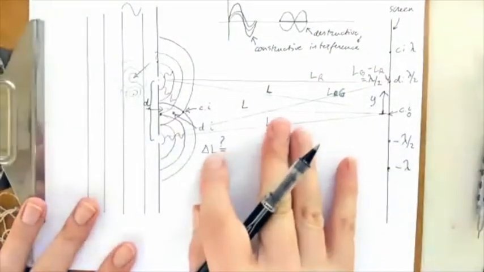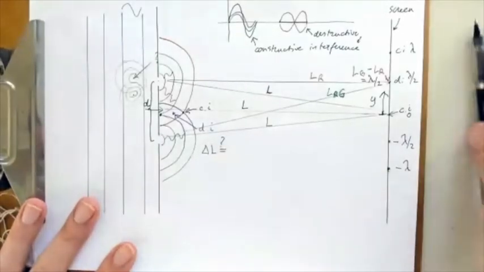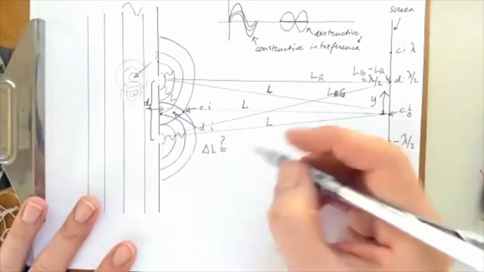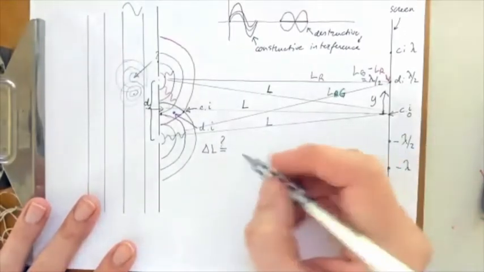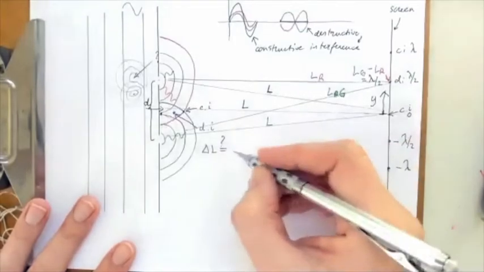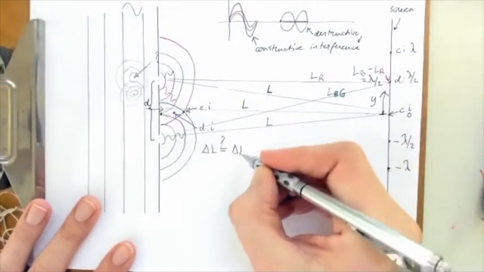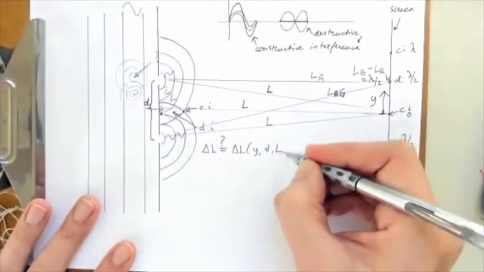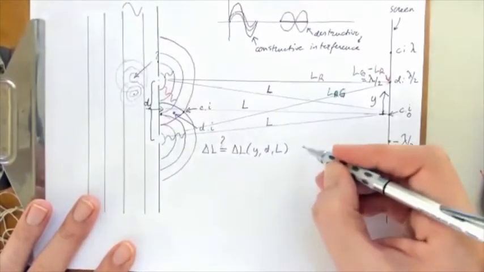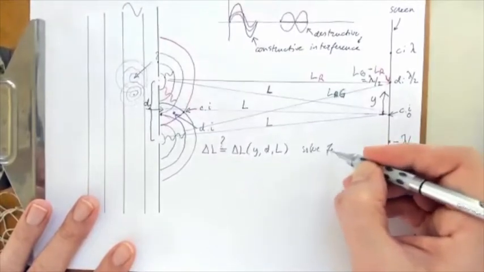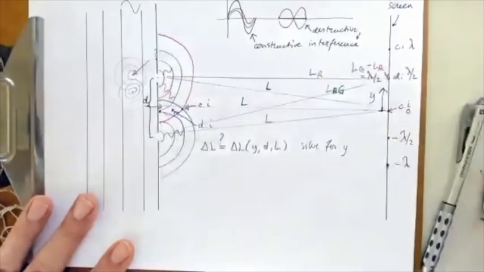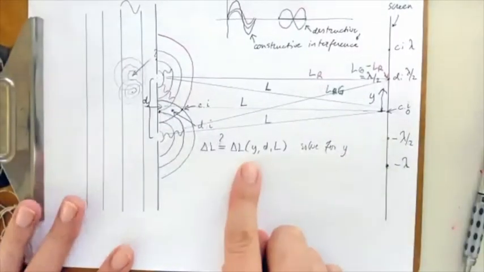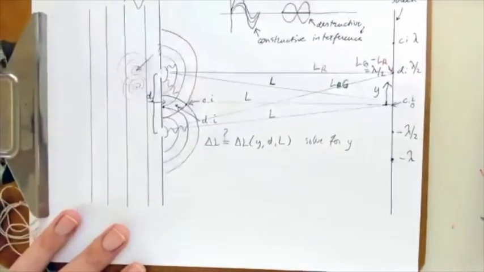So we want to know delta L as a function of y and d and L, and then we want to solve for delta L as a function of y.